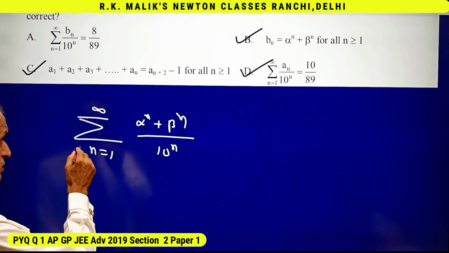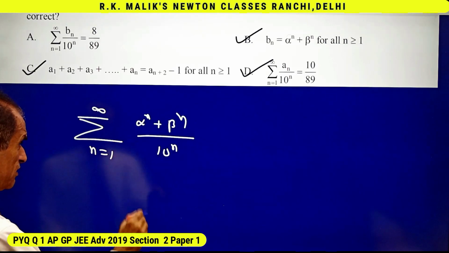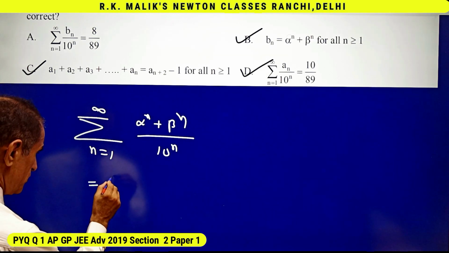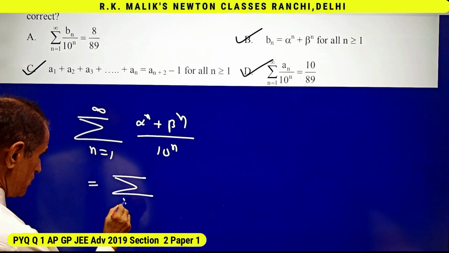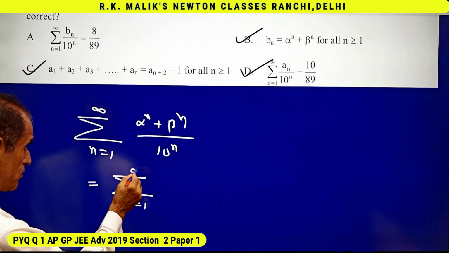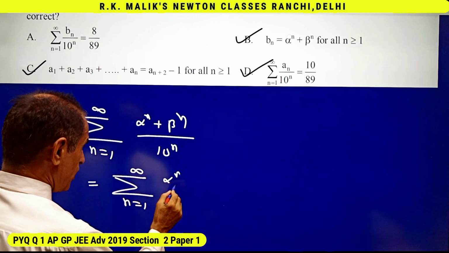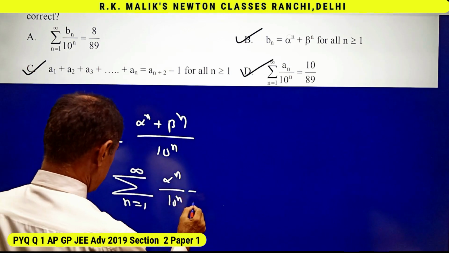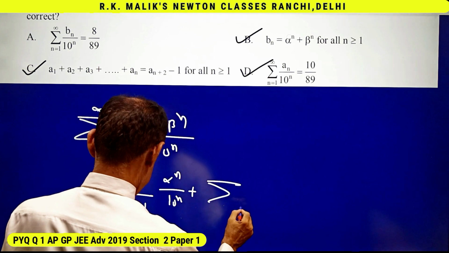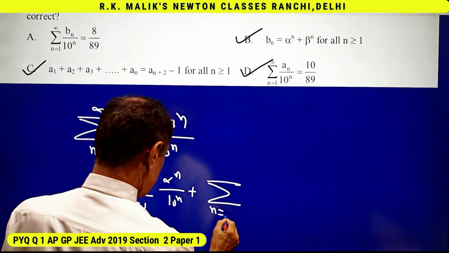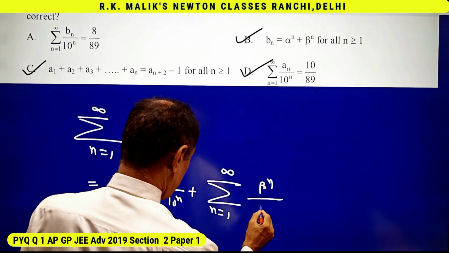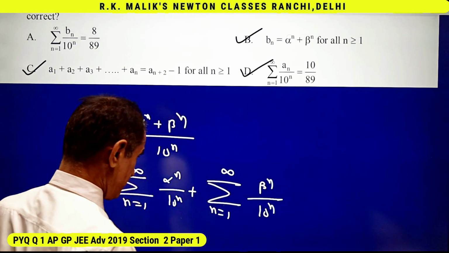And if I apply sigma on this and this separately, I'll be getting the sum over n equal to 1 to infinity of alpha to the power n upon 10 to the power n plus the sum over n equal to 1 to infinity of beta to the power n upon 10 to the power n.